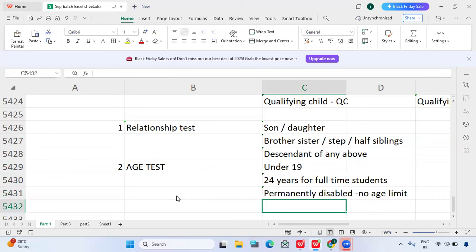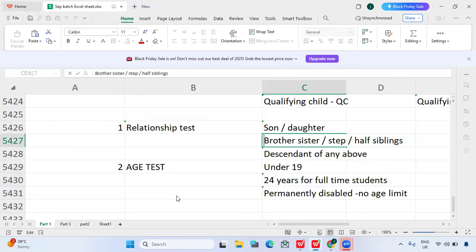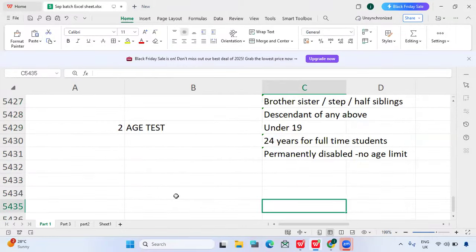Another important point: the dependent should be younger than the taxpayer, because let's say we have a brother, right? A brother may be elder or younger. So to consider a person as a qualifying child, the dependent should be younger than the taxpayer. This is very important.